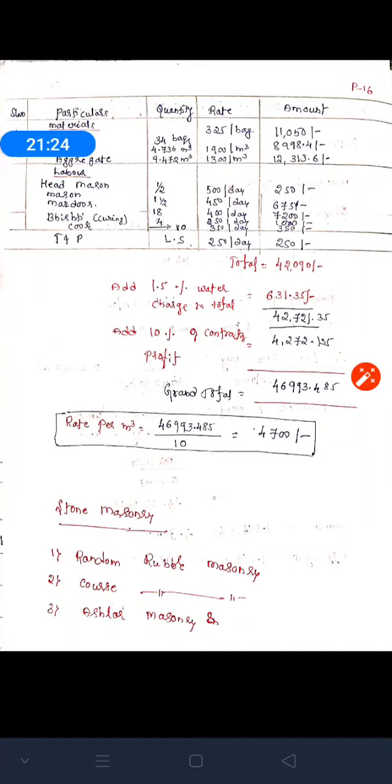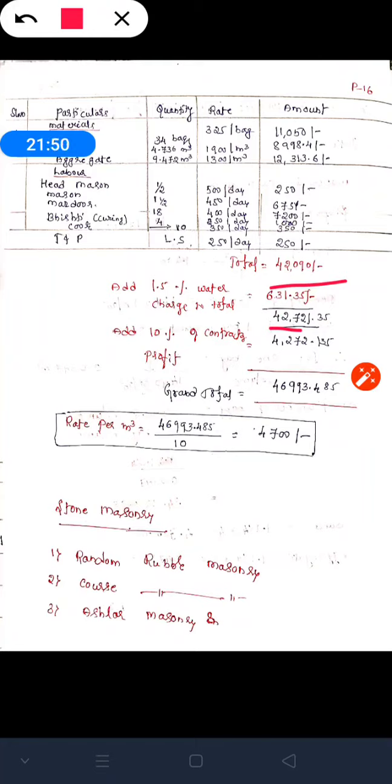After adding all these amounts, we get around 42,090 rupees. Then adding 1.5% for water, we get around 631.35 rupees. Adding 42,090 plus 631.35, we get 42,725.35 rupees.